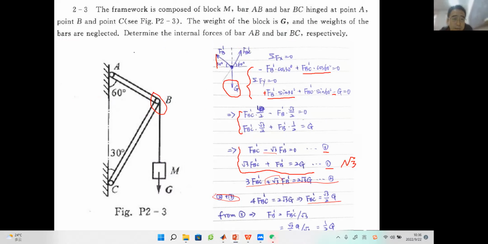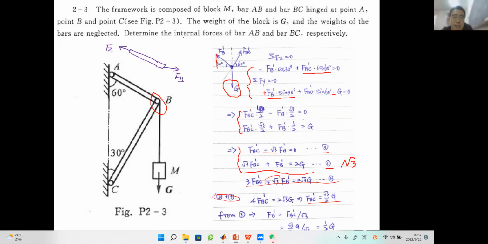I just select AB to do the introduction for you guys, because we have the conclusion that AB is a double force balanced rod. So we have this F_A and this F_B.